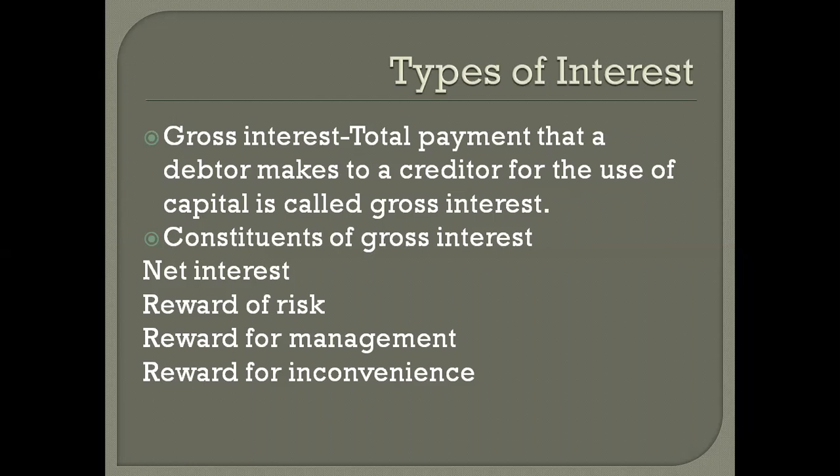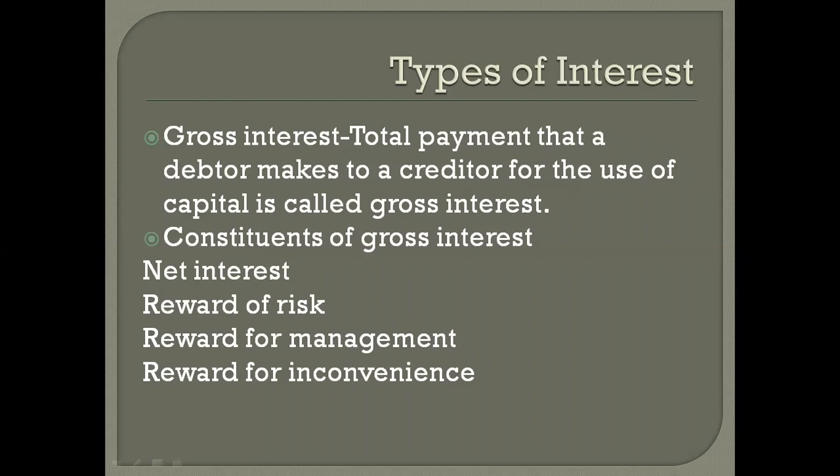He should maintain records, and appoint a clerk or manager who will remember every time that interest is due on X party, Y party, Z party, or that the principal amount is due. For that reason, that person pays some amount to the manager. Say the cost of that is 0.25%. Now for the rate of interest: for net we have 1.5%, for reward for risk 0.25%, and for reward for management 0.25%, right?